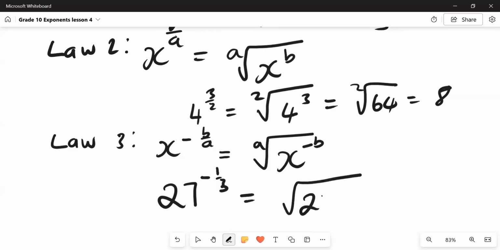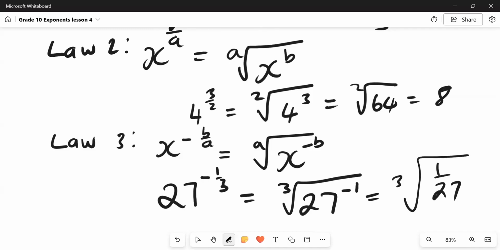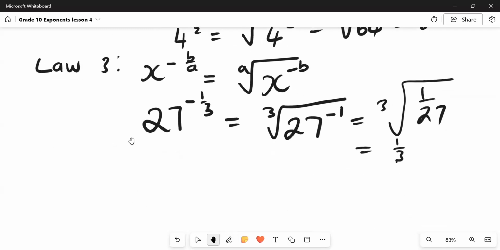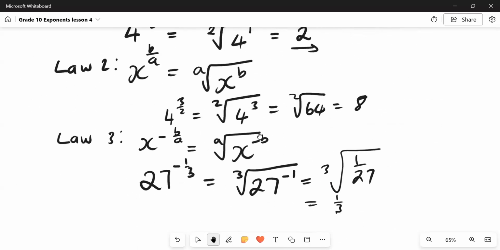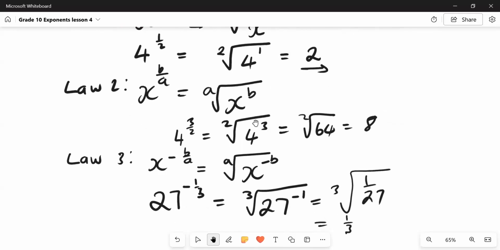This is the same as 27 to the power of negative 1, and then there's 3 out there, which will give us 3, 1 over 27. And then this is just 1 over 3. That's the final answer. So I want us to apply all of these rules now.